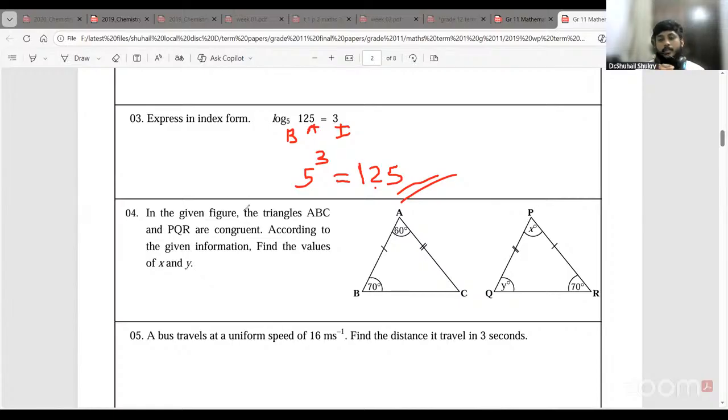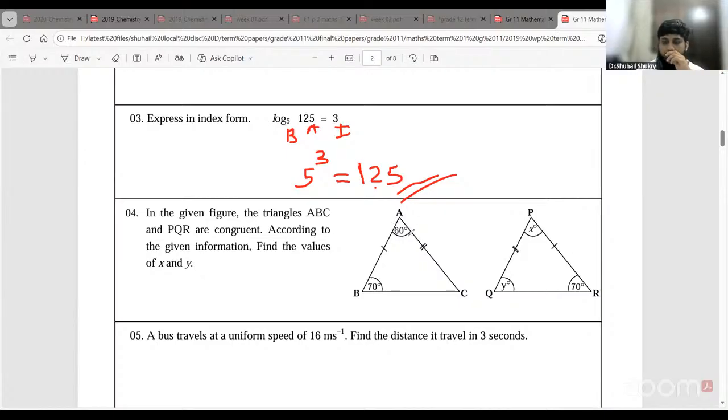In the given figure, the triangles ABC and PQR are congruent. According to the given information, find the values of x and y. Congruent means both are 100% similar triangles, 100% equal to each other.